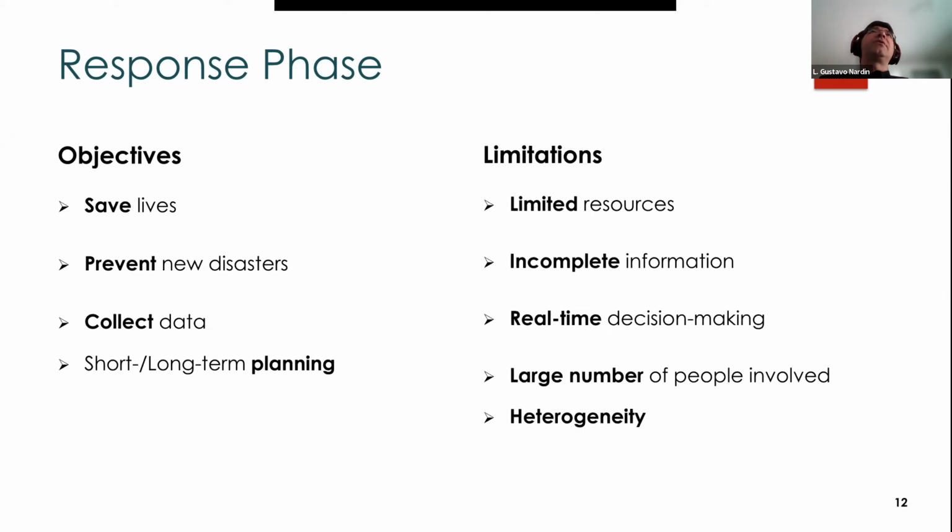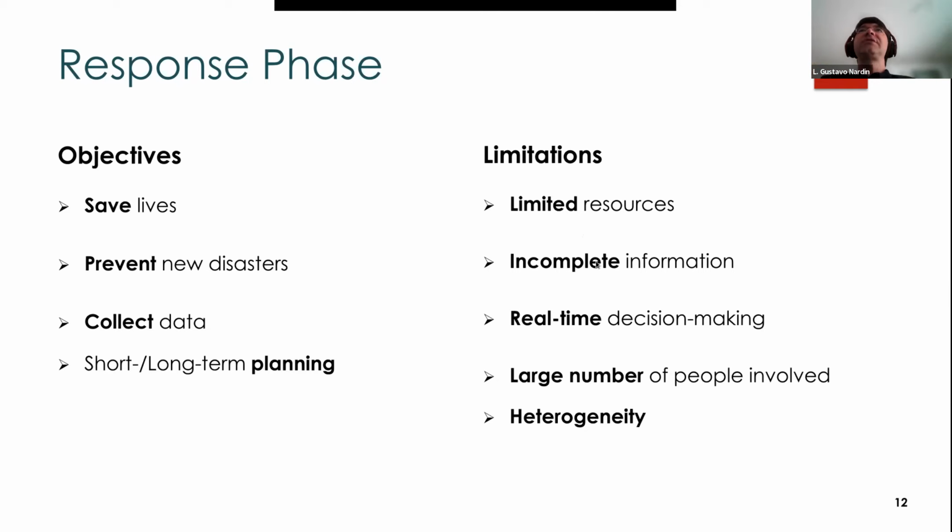But when you are in a response phase, you have a lot of limitations. For instance, if an earthquake happens, most of the infrastructure of the area may have been damaged, and you will not have all the resources, especially communication resources, that you have in a normal environment. So you have limited resources and incomplete information.